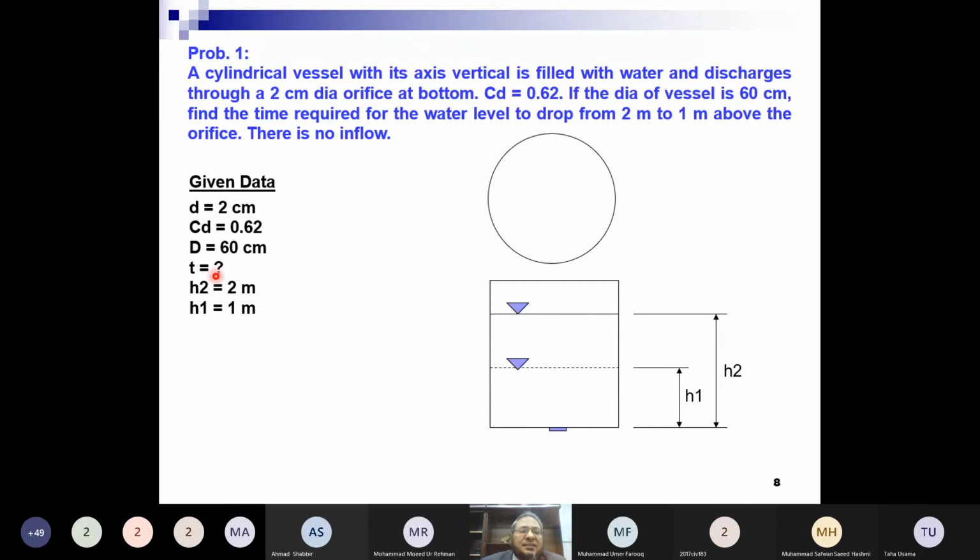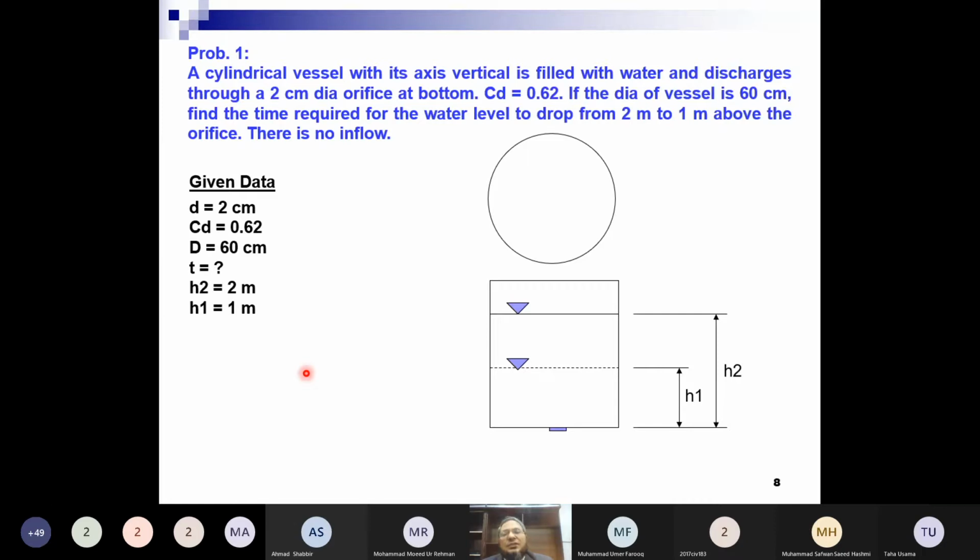That is the question. So it means we have to compute small t. So this is the data given, and how can we solve it? I want to know only the concept. We have to apply that equation, small t equals the integral with limits h1 to h2 of area times dh divided by Q1 minus Q2. Okay, here Q1 is how much?